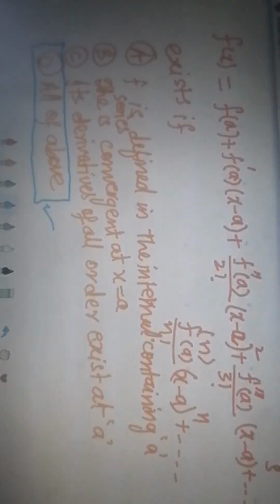The function must be defined, the series must be convergent, and all its derivatives must exist at A, meaning their values can be found at A. So all these three options are correct, and the delta option confirms that all these three are correct.